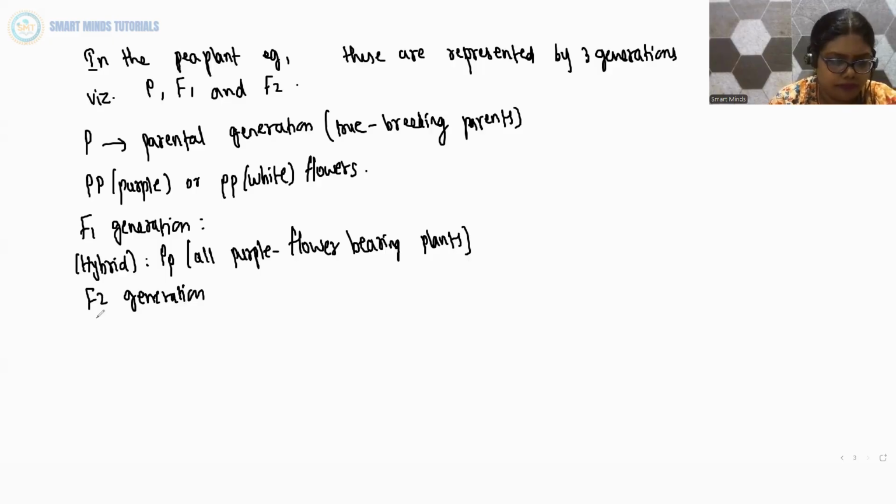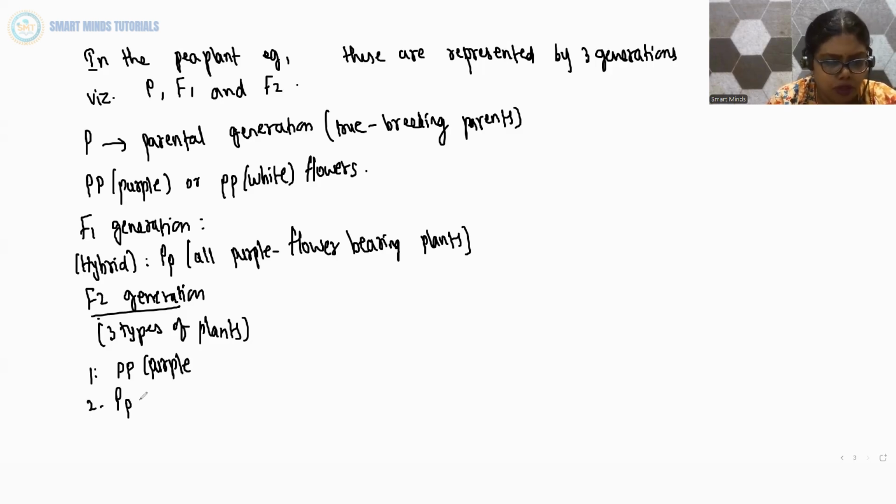All white bearing plants? No, here you have three types of plants. Number one is capital P, capital P, which is purple. Capital P, small p also gives you purple because dominant is purple. And small p, small p gives white.